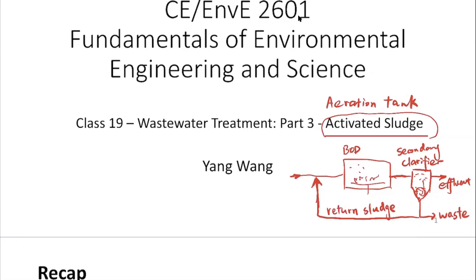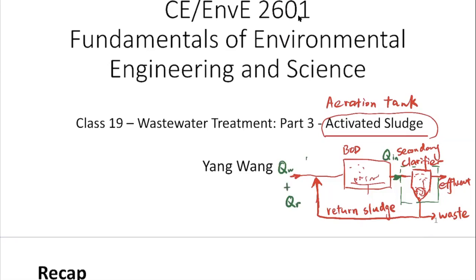Right. So if you analyze what is the flow that's involved in this system, if you draw, let's say, a control volume here. Okay. So if you analyze what's the inflow, the inflow is just going to be the flow going into the aeration tank, right? So this inflow is going to be equal to the wastewater flow at the inlet from the primary treatment, and also the return sludge flow, right?